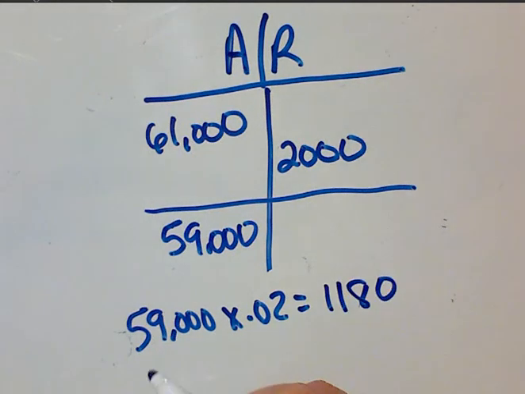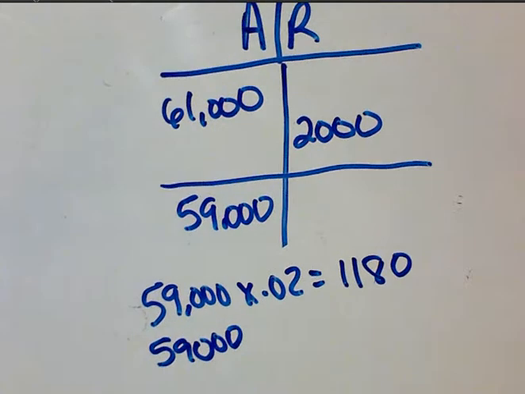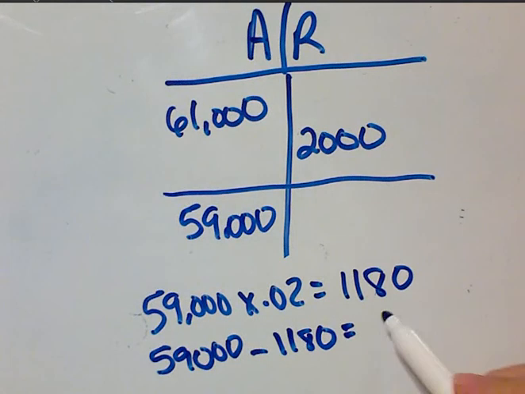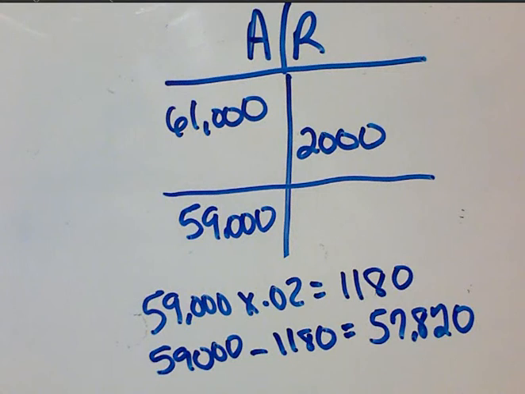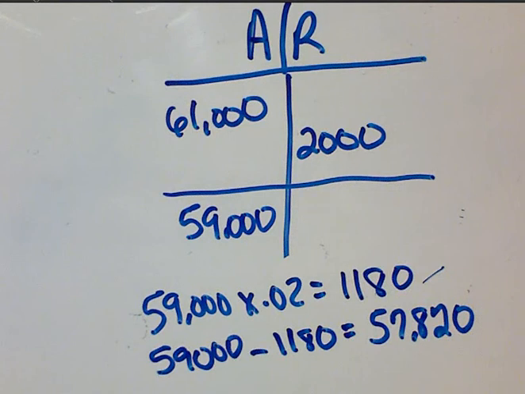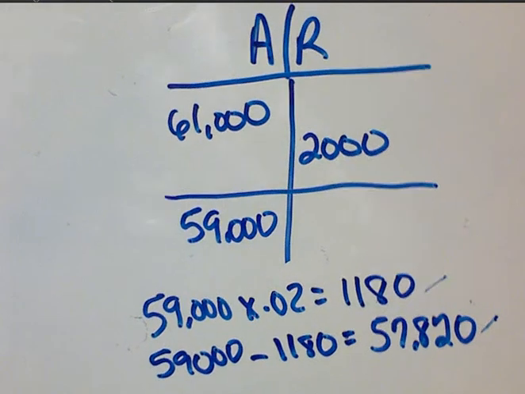So the cash we're going to receive is $59,000 minus $1,180 is equal to $57,820. Okay, so we know how much we have to take out of accounts receivable, we know what our cash discount is, and we know how much cash we're going to receive. So that's all the information we need to know to make our journal entry.